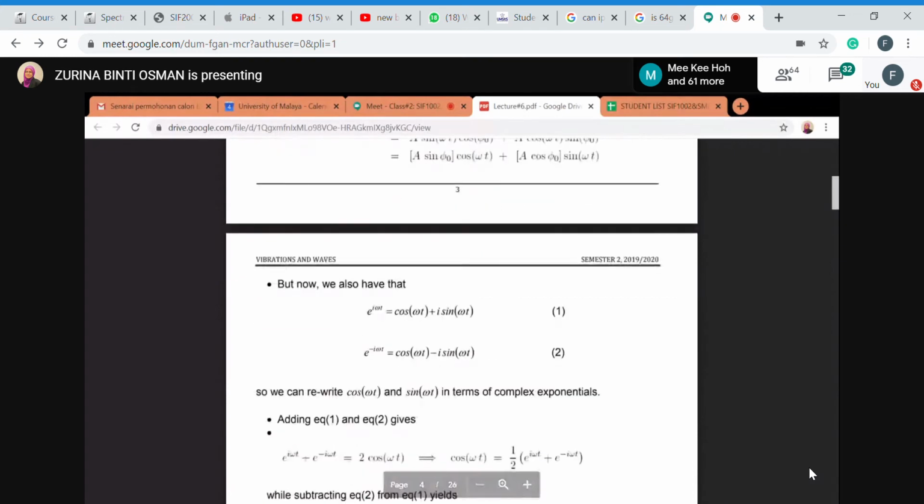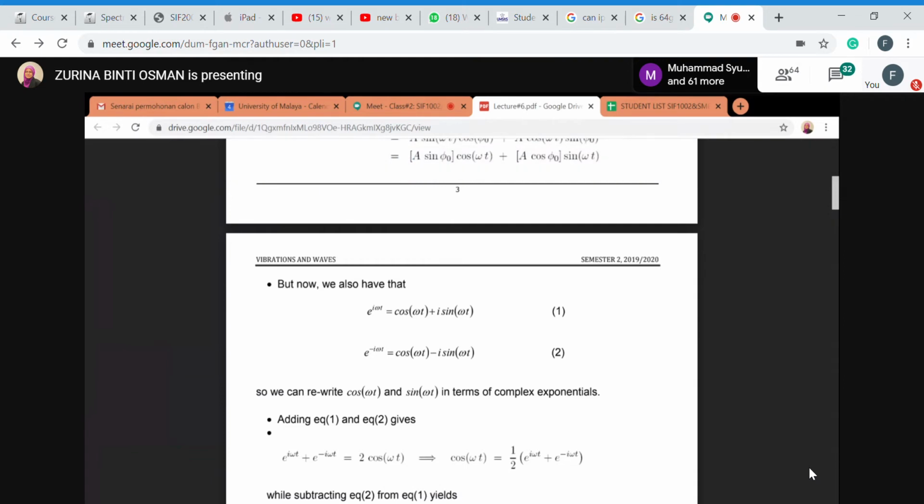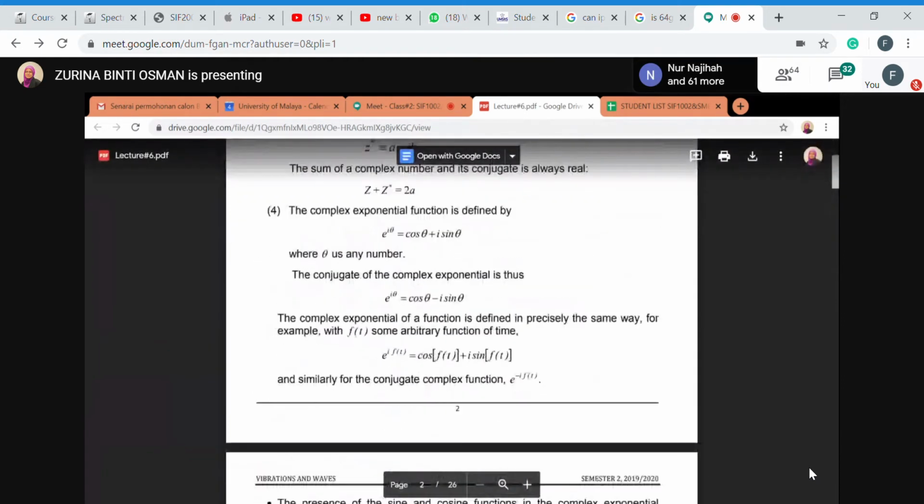And then we define that e^(iωt) is equal to cos ωt plus i sin ωt, and the same for the conjugate. So now ωt replaces θ as you have above.